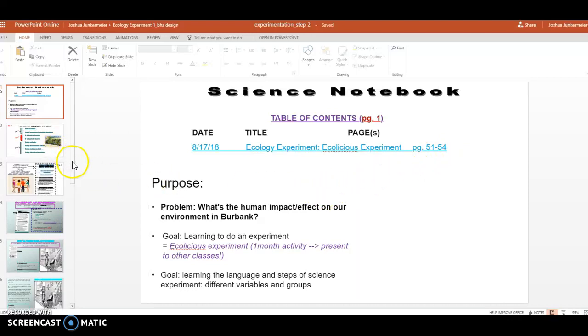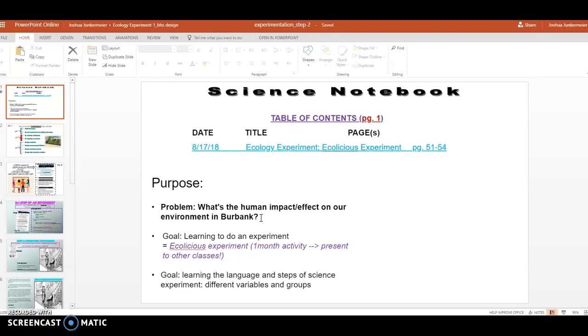Our experiment is to help us understand this mystery: what's the human impact on our environment in Burbank? How are people affecting Burbank and its environment, the air, the water, the soil, how we feel, how we interact, the other wildlife, the other plants?